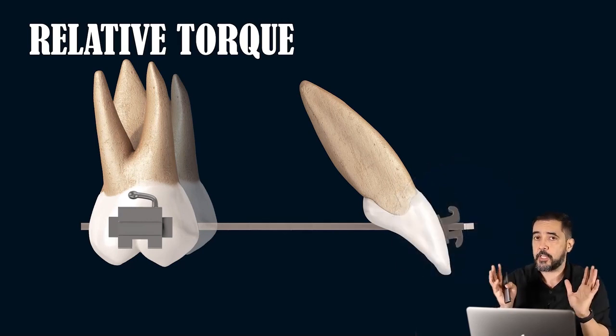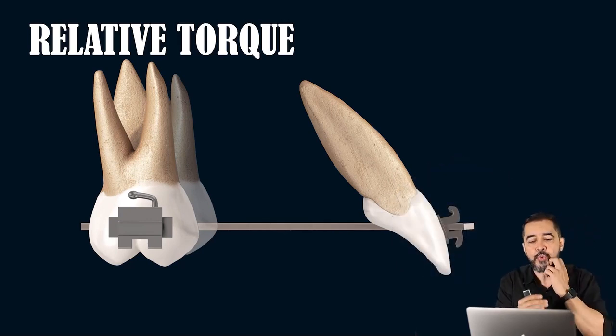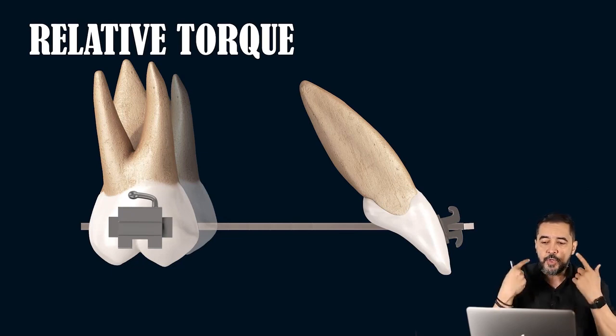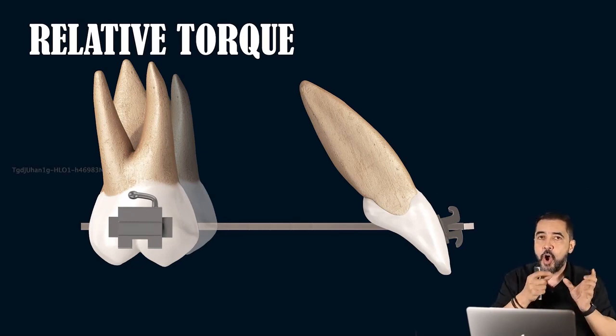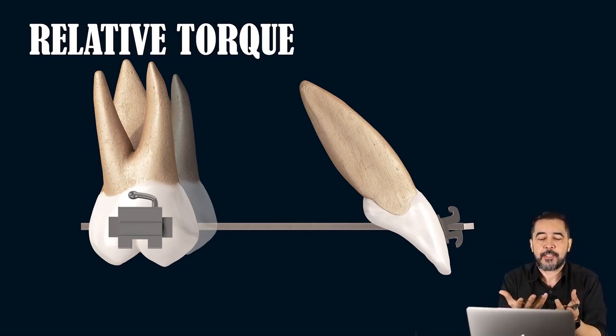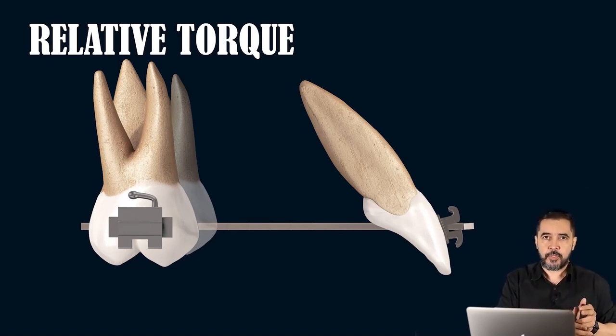So we have different inclinations. When the neutral torque finds a different inclination of the slot, it will express some kind of force, because it's a negative relationship. It's not a passive relationship. You know? So this is what is going to happen.